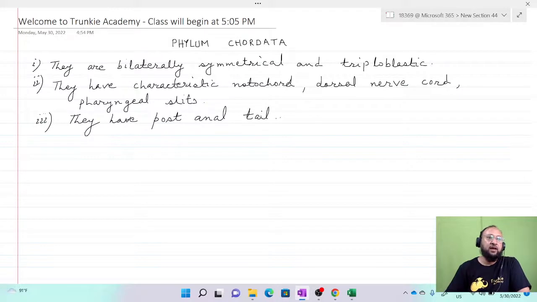The nervous system is dorsal, single, and hollow.